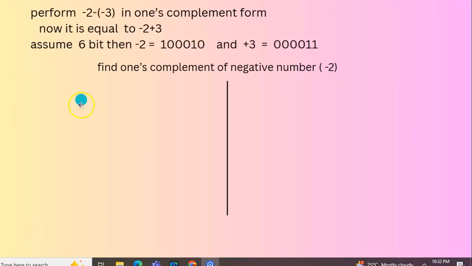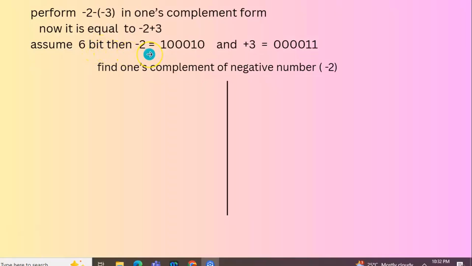Now let us perform minus 2 minus 3 in 1's complement form. This can be written as minus 2 plus 3, because minus into minus becomes plus. Assume 6 bits are used to represent the signed integer here.